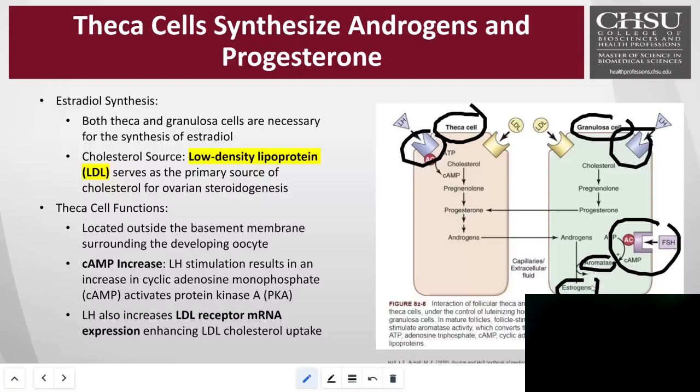So this is important. This is a detail difference. The function of your theca cells is to produce the androgens that will then penetrate into the granulosa cell, and the granulosa cell takes the final action to make estrogen. Okay, are we good on that? That's a small detail that people will miss.